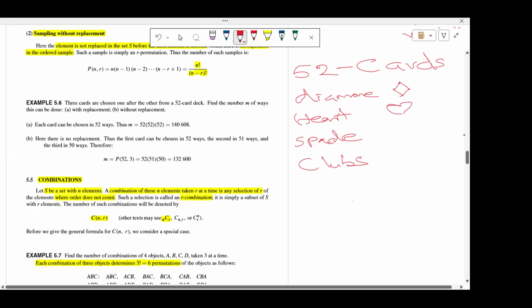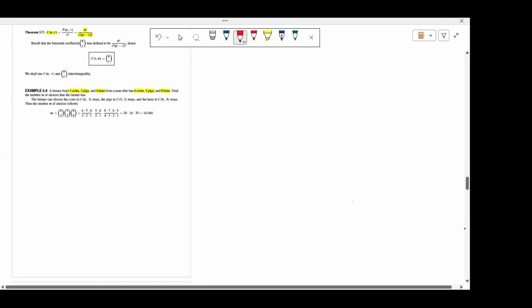Each type has 13 cards, numbered A, 2, 3, up to 10, and then J, Q, K. So altogether 13 per type. I think you all are familiar with the card deck.